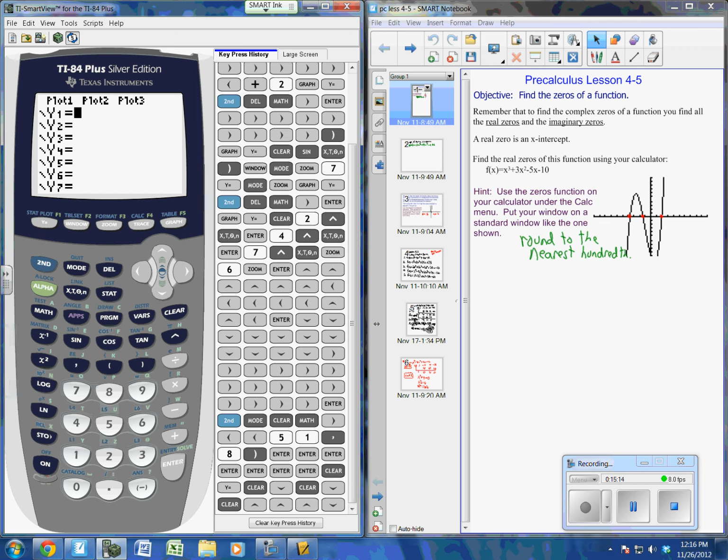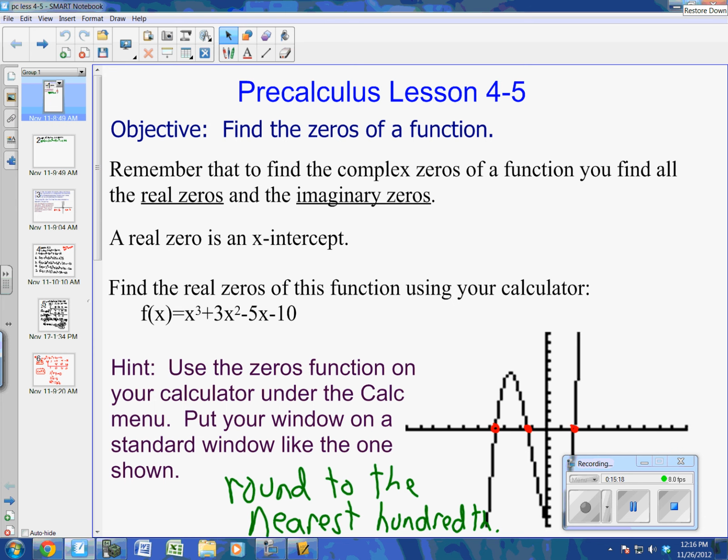I'll make it big while we... It's x cubed plus 3x squared minus 5x minus 10. Everybody got that under your y equals is where you put that. X cubed plus 3x squared minus 5x minus 10.